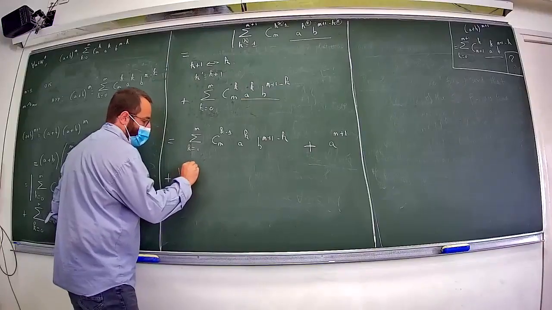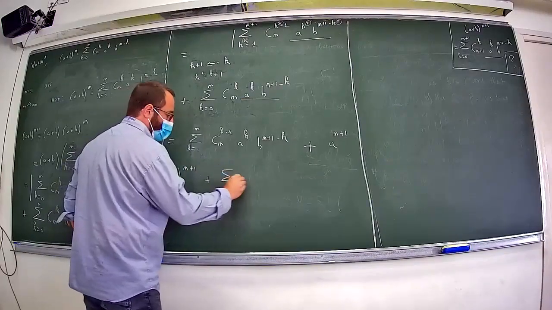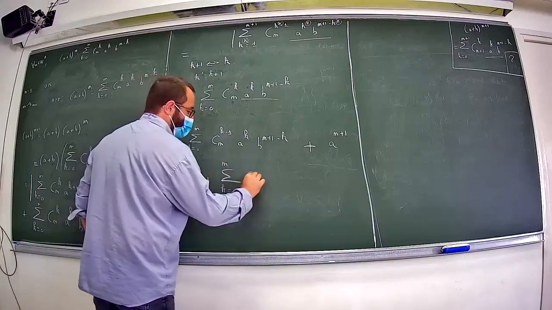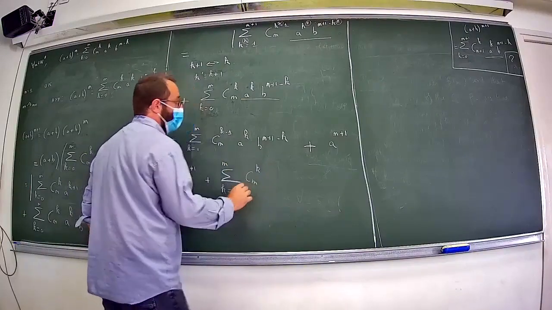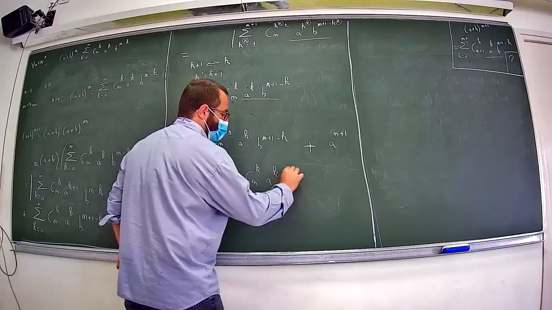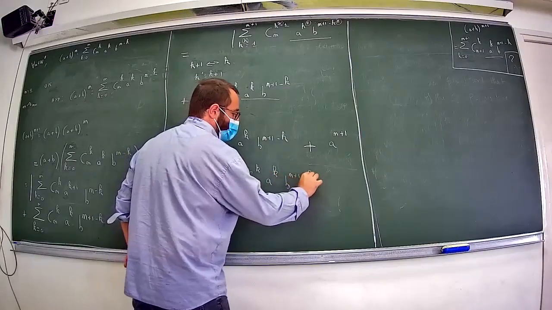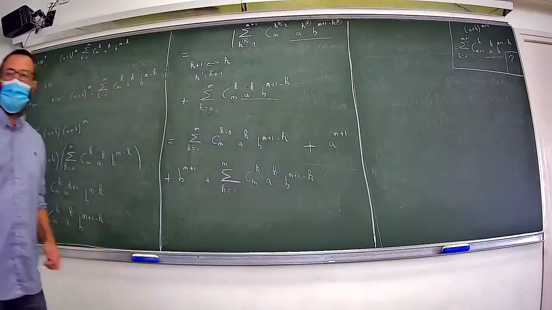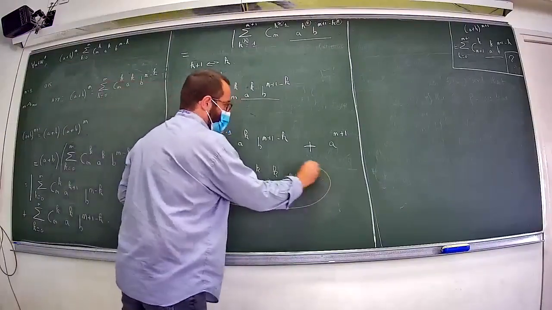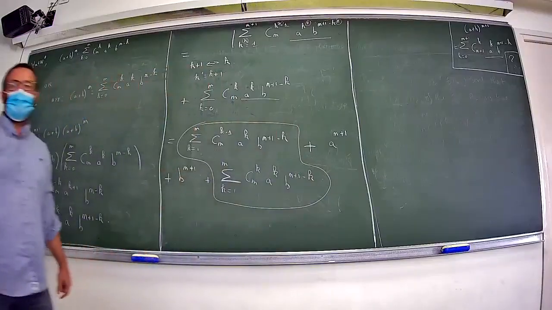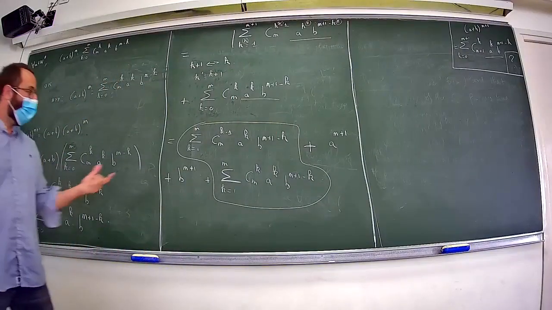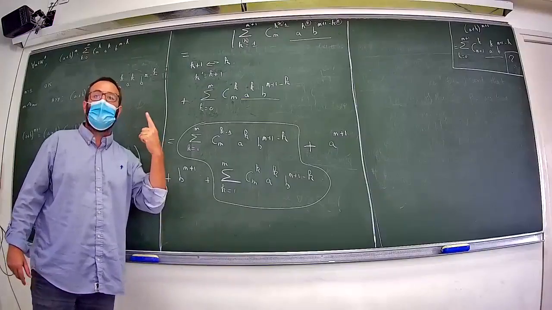So I have b to the power n plus 1 plus the sum from k equal to 1 to n of C(n,k) a^k b^(n plus 1 minus k). Why is this interesting? Because now I have two sums with the same set of indices, and it's possible to regroup them. I have two sums that I can write as a single one.